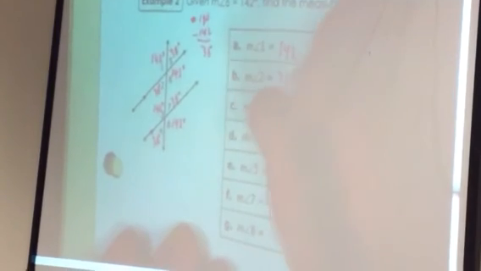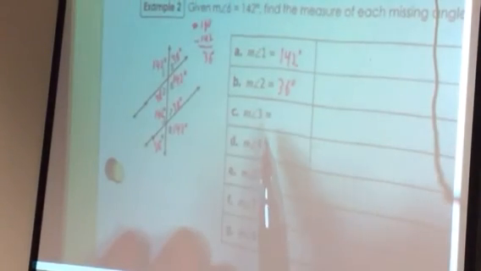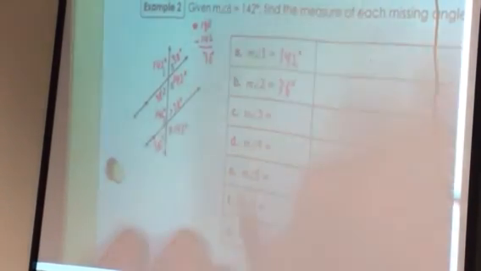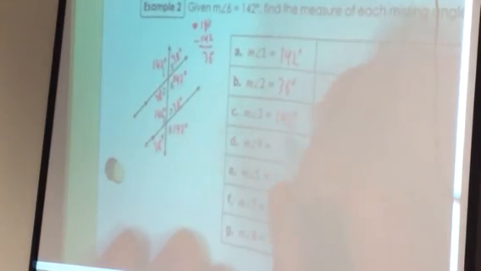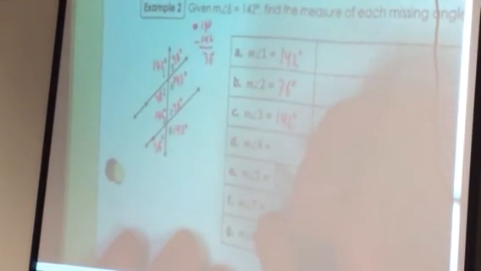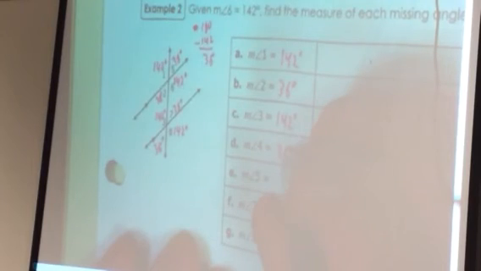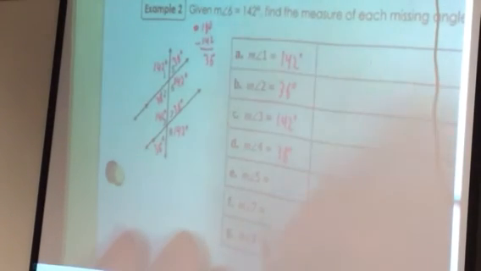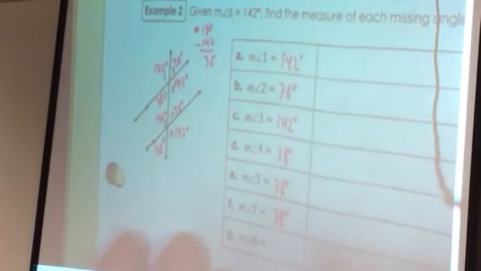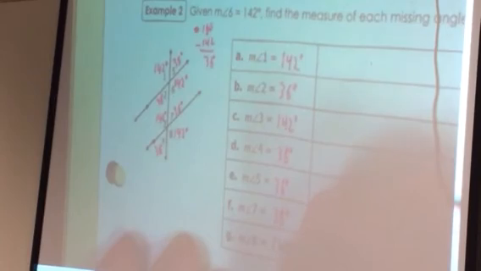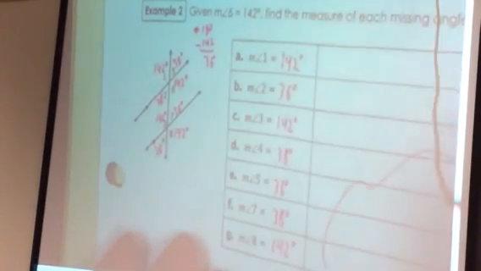Angle 2 was 38. Make sure you write your degree symbol. Angle 3 is 142 degrees. Angle 4, 38 degrees. Angle 5, 38 degrees. Angle 7 is 38 degrees. And angle 8 is 142 degrees.